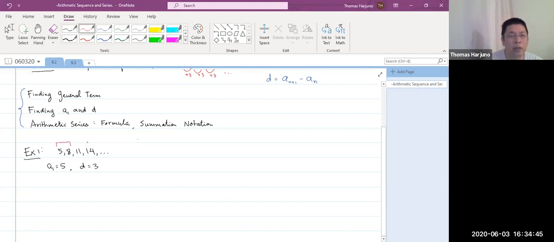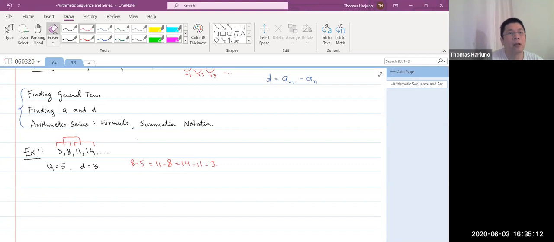Try to check some more random pairs and see if the difference is consistently 3. So I did here 8 minus 5 equals 3, 11 minus 8 equals 3, 14 minus 11 also equals 3. Then we are sure that this is arithmetic because they have a common difference.